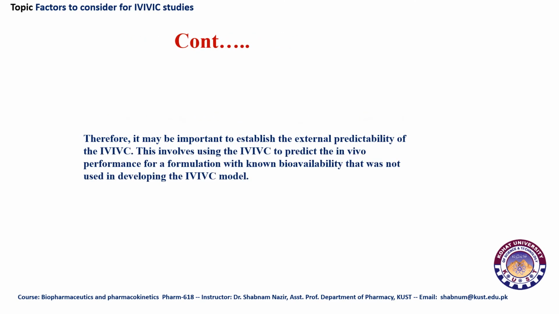So how could it be tested? This involves using an IVIVC to predict the in vivo performance for a formulation with known bioavailability that was not used in developing the IVIVC model. When the IVIVC model was being developed on the basis of in vitro dissolution rates and in vivo behavior, their correlations were set up.